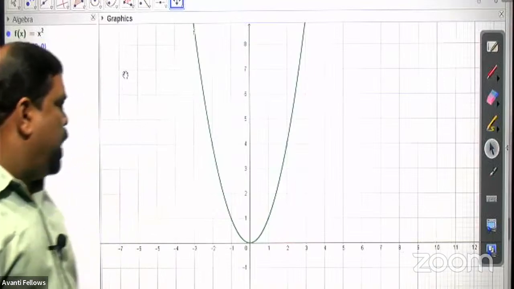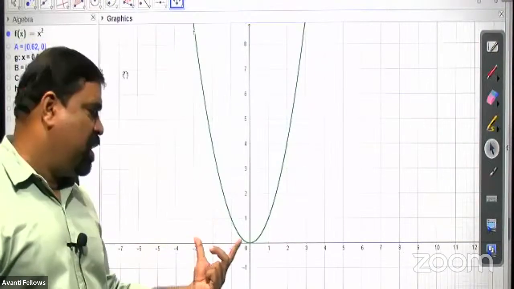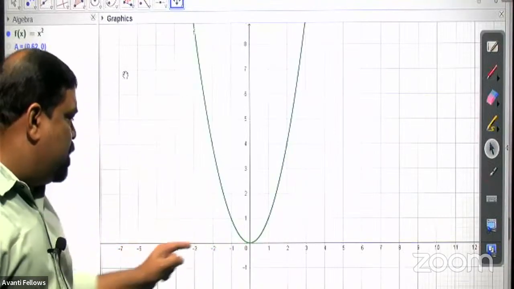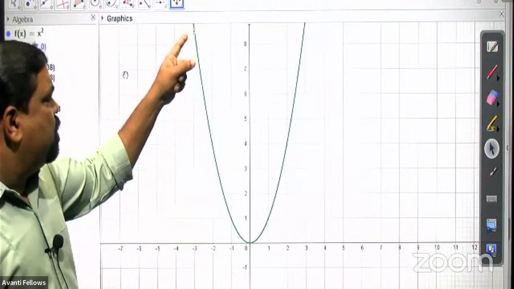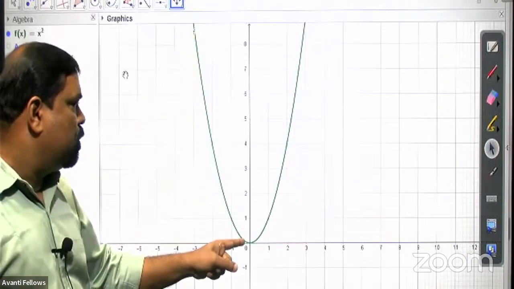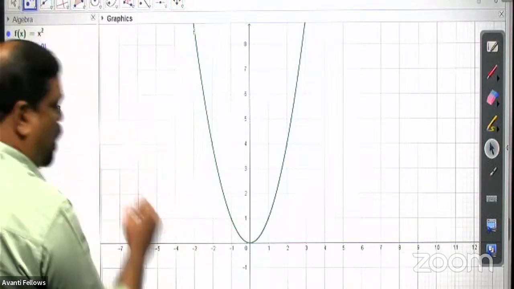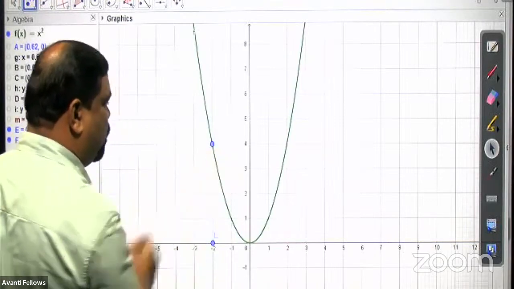If I take the negative real numbers as the domain, what we can observe is that as x increases, from the graph it is very clear the function is of decreasing nature. If I take x equal to -2, the function value is 4.